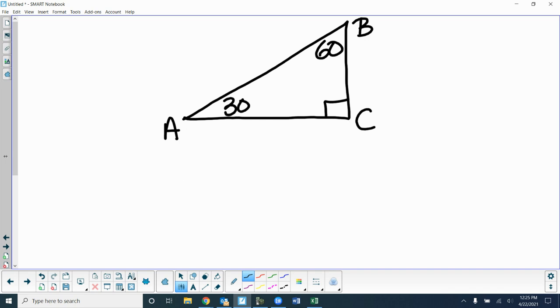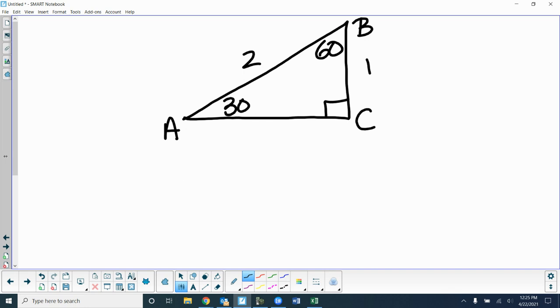Now, I told you when we first started, you should memorize this. Opposite to 30 is always the shorter leg, and I always think about it as being 1 unit. The hypotenuse is always twice as long as that, so I think of that as being a 2.